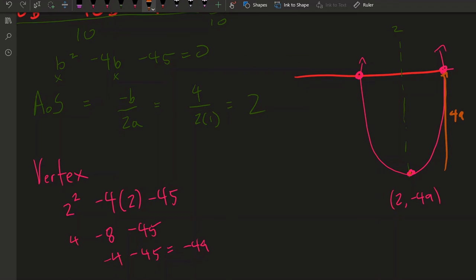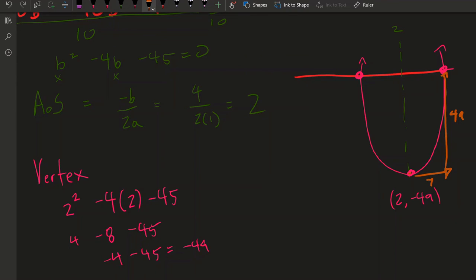So again, I have to ask myself, with a quadratic function with no vertical stretch, how much would I have to move to the right in order to move up by 49? What number do I square in order to get 49? The answer to that is 7. 7 squared is 49.